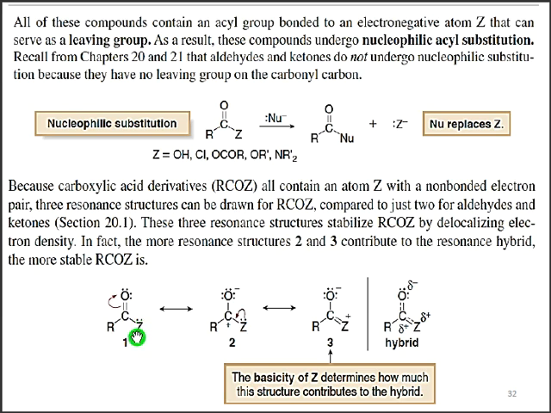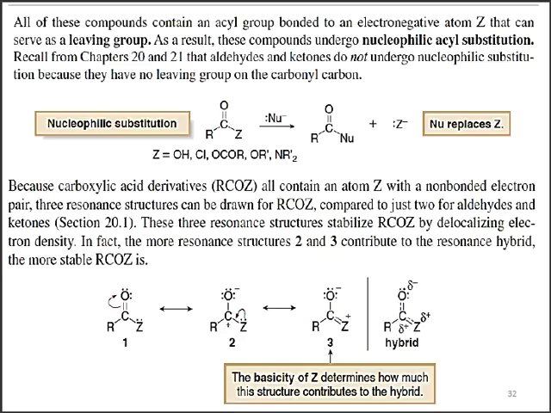But if you replace the halogen with nitrogen, which is a less electronegative atom than the halogen, the nitrogen in this case will easily give you the lone pair of electrons to give you the 3rd resonance structure in the hybrid structure.